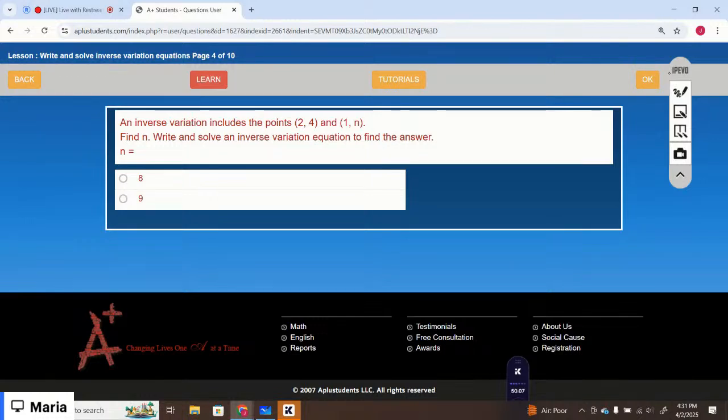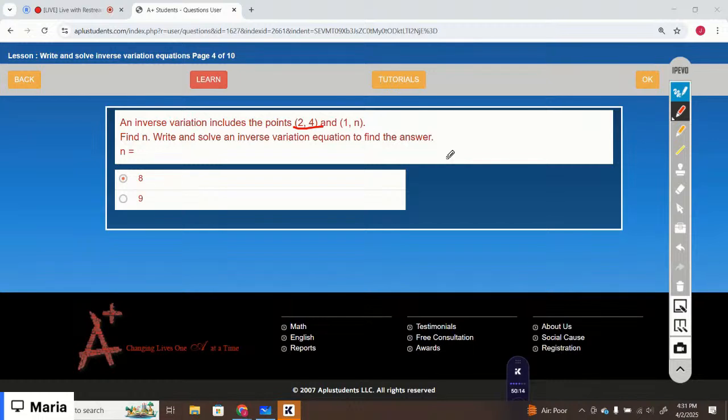So y equals 8. Option number 1 is the correct option. You need to calculate the k from the given relationship. K equals y times x, right? Y is 2, x is 4, times 2 is 8.